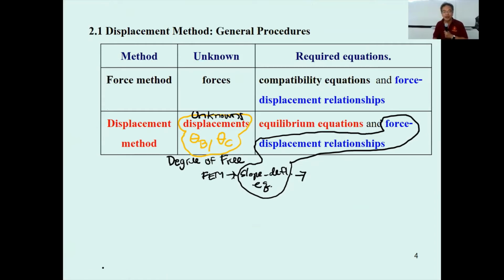Then you use the equations of equilibrium above to solve for theta sub B and theta sub C. And then you just plug these back in, so you will get the values of the end moments, M sub AB, M sub BA, M sub BC, M sub CB.